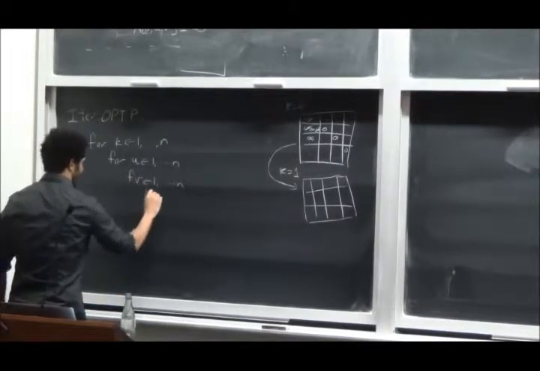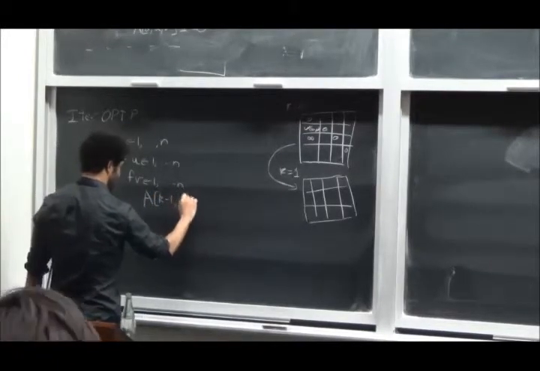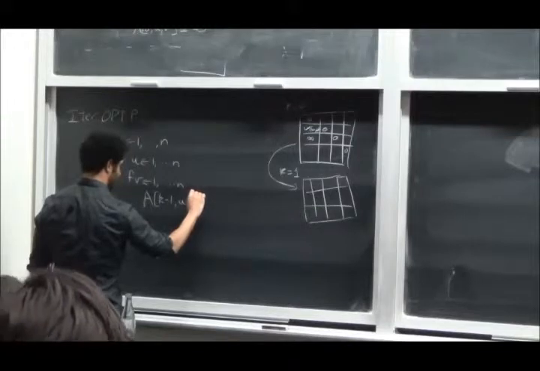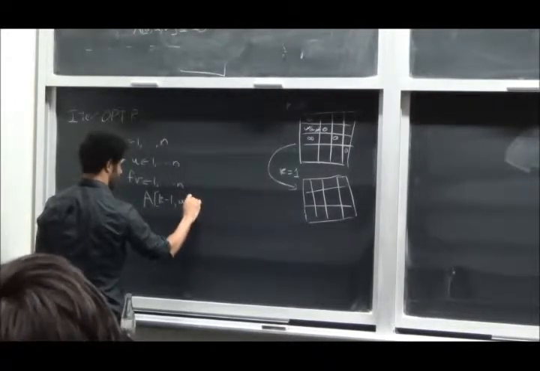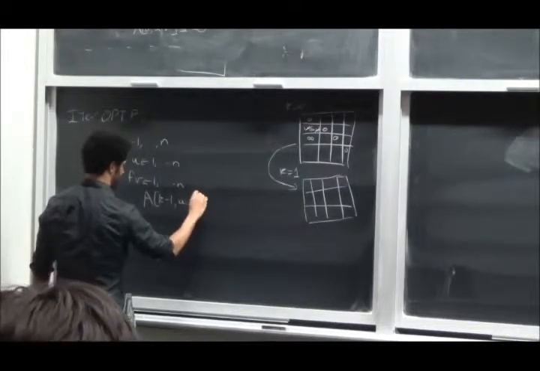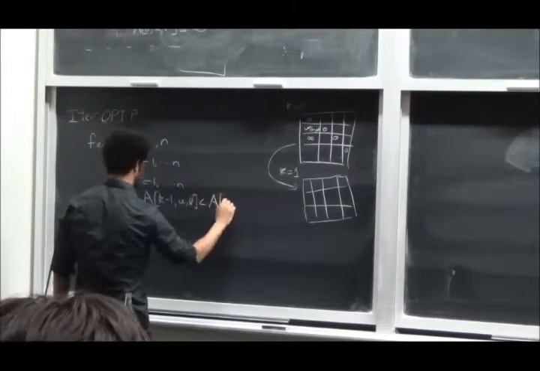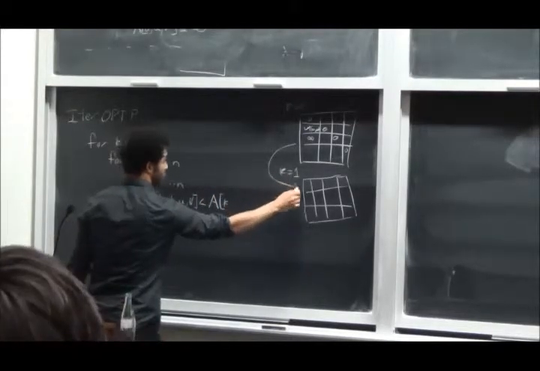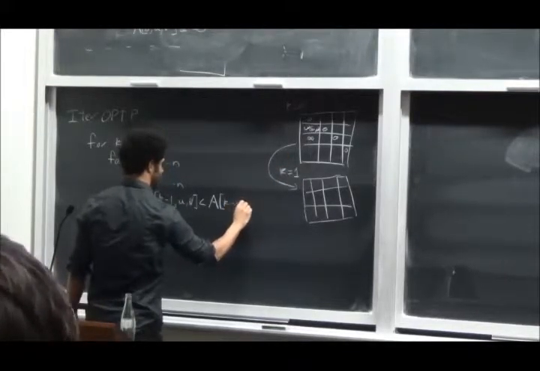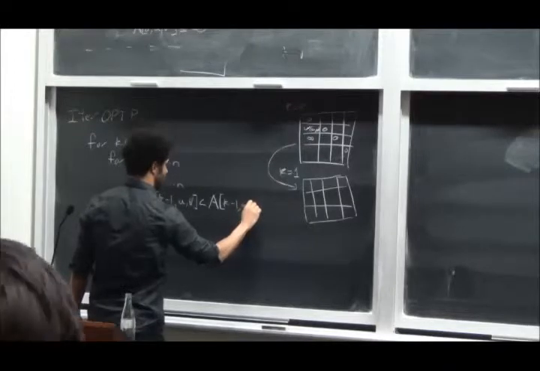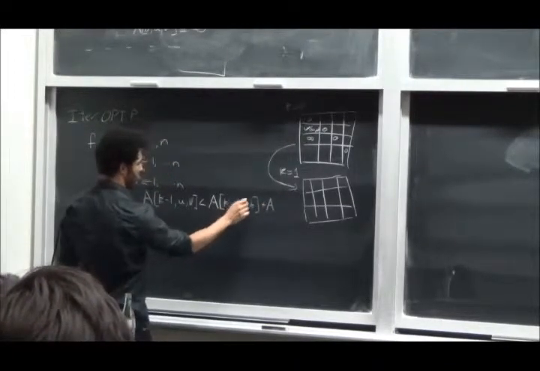So you just say if your a value for k minus 1, given a u, v, is less than some a value given your previous table, so looking backwards, plus the same a for, so this is from u to k.